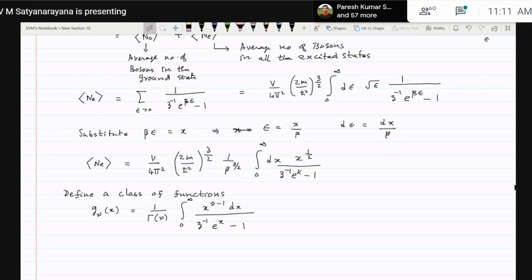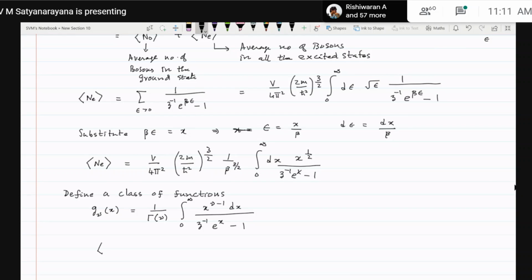So let us define these functions and see whether we can write this in terms of them. For that, let us try to write the coefficients out and see what form they take.